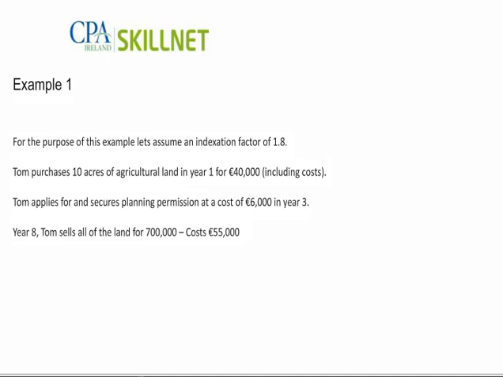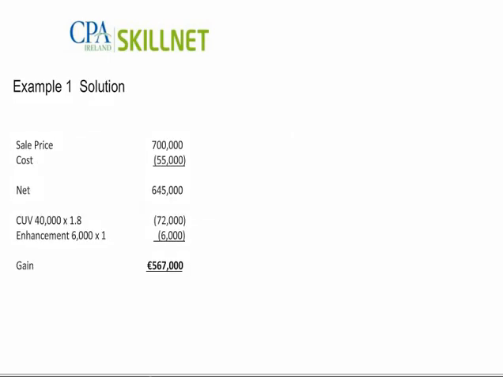Now, the first thing we note is that 55,000 will come off the 700,000. He purchased agricultural land, so there was no development value when he purchased it. It's 40,000. So when we do the computation, it's fairly straightforward. Sale price 700,000, cost 55,000, so the net sale price is 645,000.